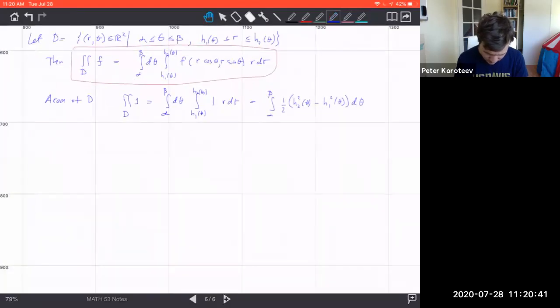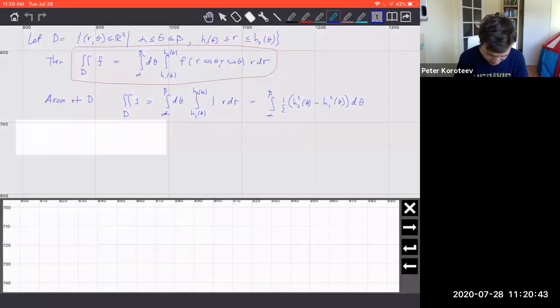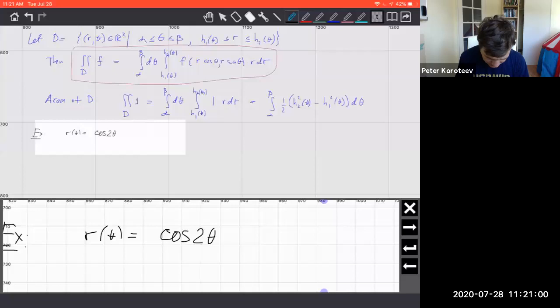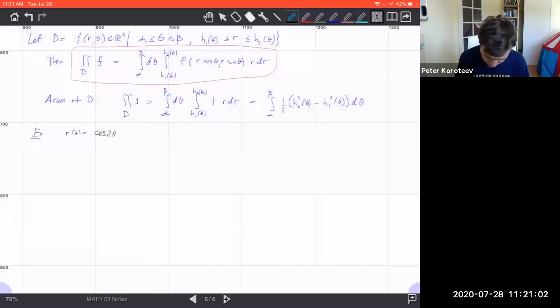So yeah, let's do an example with this. Take a function which we looked at in polar coordinates, r of theta is equal to cosine 2 theta, and I remind you it looks like this.